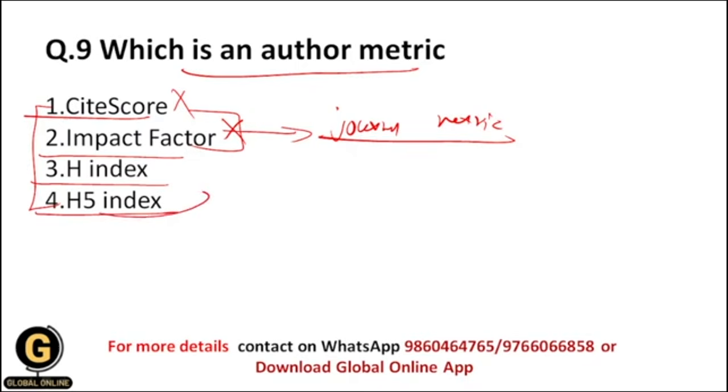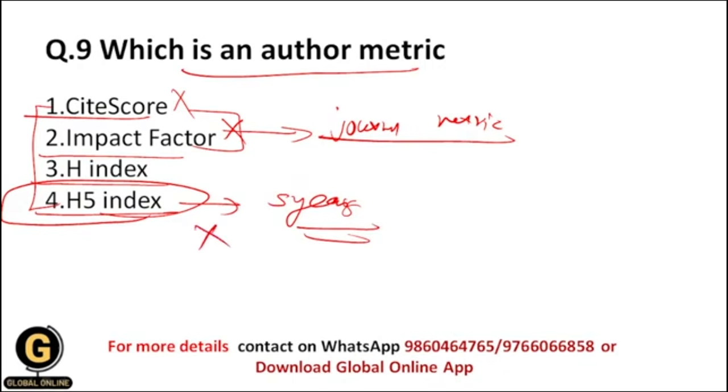Again we have seen about H5 index. It is going to track the citations for preceding 5 years, and that's why again this is a journal metric, this is not an author metric, so this option gets eliminated. So the remaining option, that is H index, should be your correct answer. Okay, because H index is an author level metric that measures both the productivity and citation impact of the publications, initially used for an individual scientist or scholar.